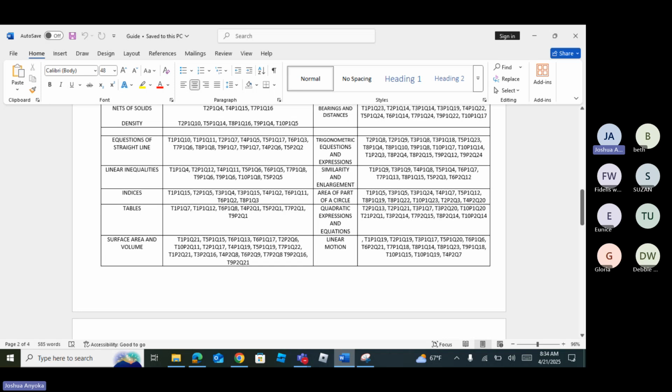A second question, so that we progress. Trial 2, paper 2, question 21.